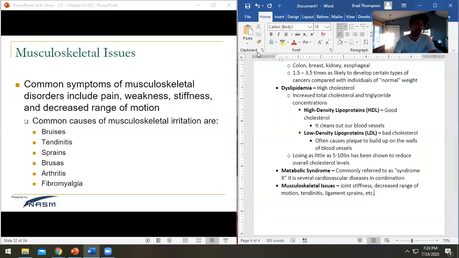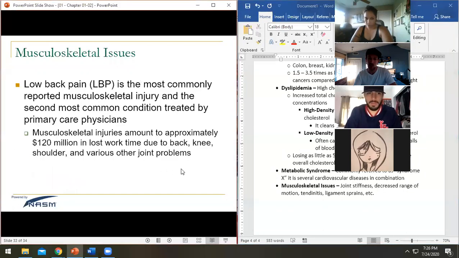Your body not being able to move the way it was designed to move. I mean, this isn't even always just an obesity issue. We constantly talk about how posture is so important, right?